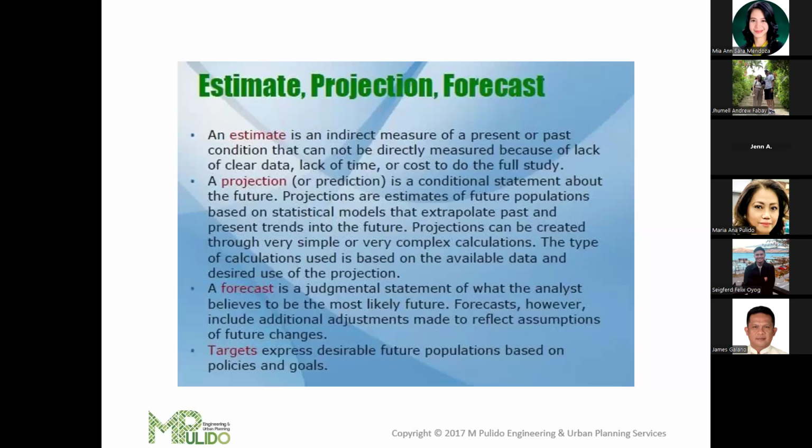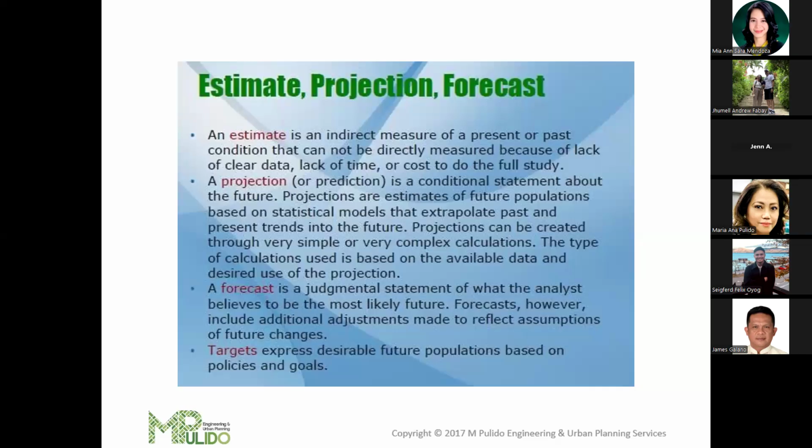So, keyword prediction. So, it's a conditional statement about the future. Conditional, di ba? Projections are estimates of future populations based on statistical models that extrapolate past and present trends into the future. So projections can be created through very simple or very complex calculations.